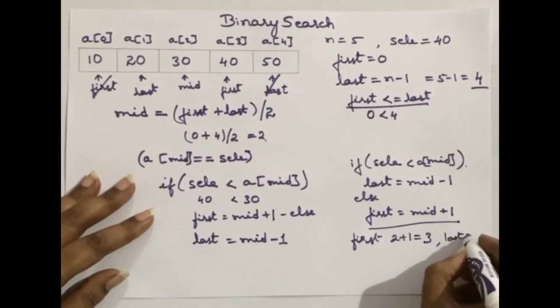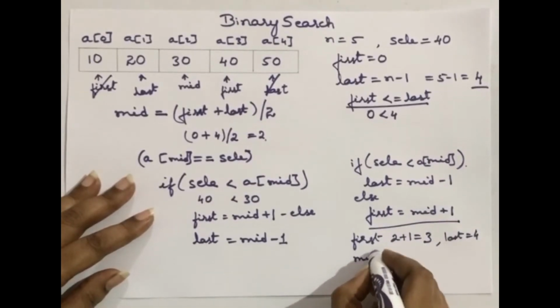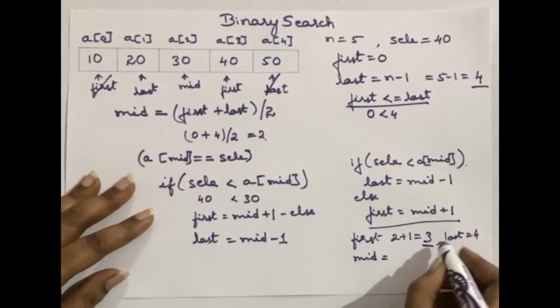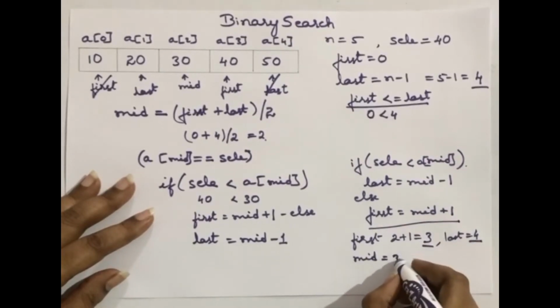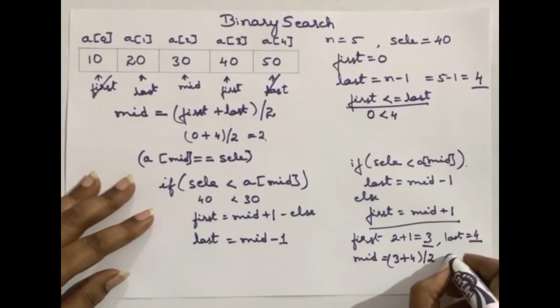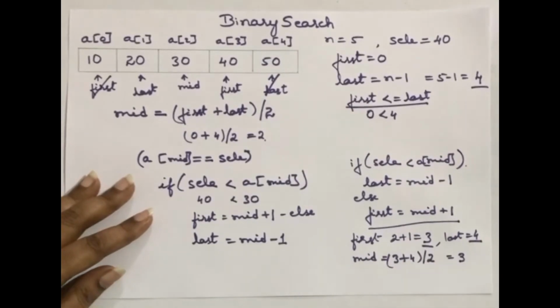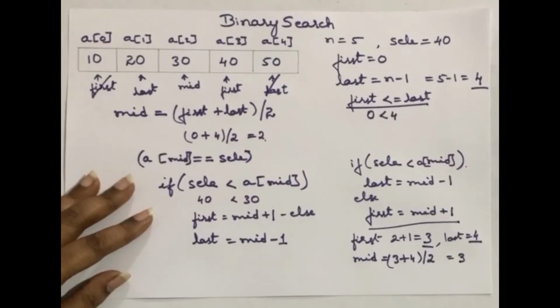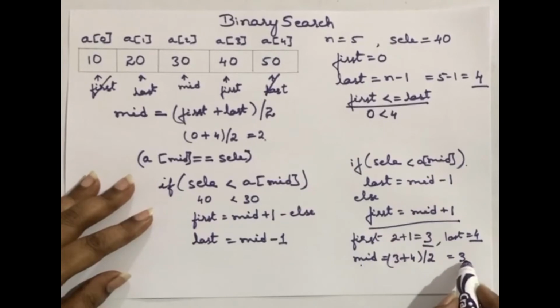Mid will be equal to first plus last divided by 2, 3 plus 4 by 2, which is equal to 3. As we are considering the integer number, we will neglect the fraction point. Now mid value is 3.